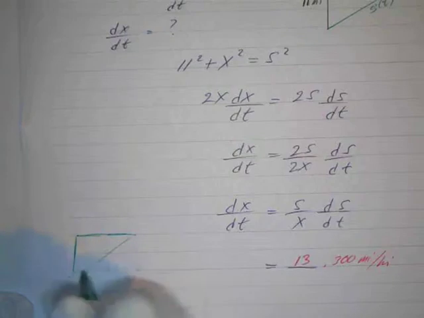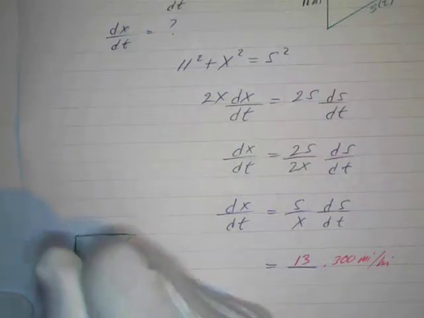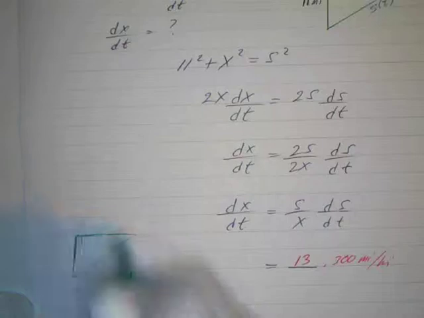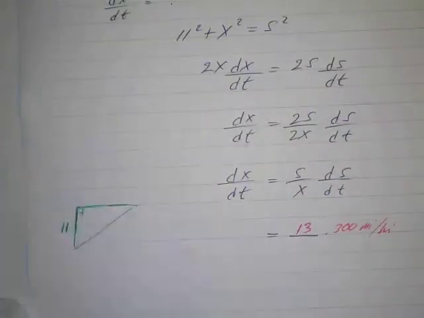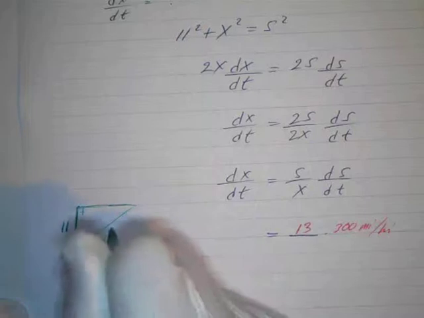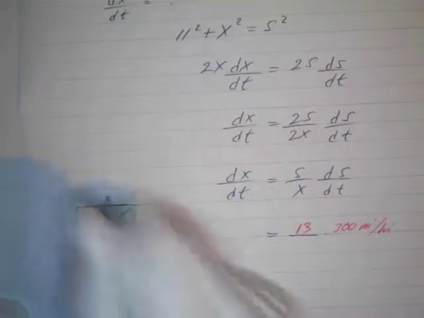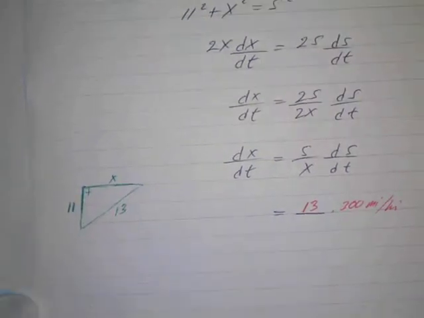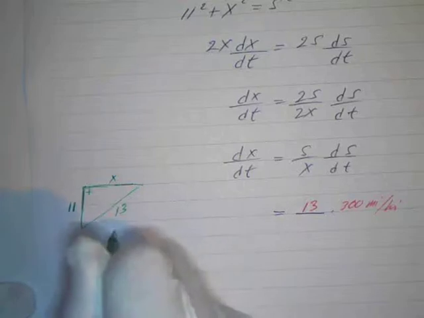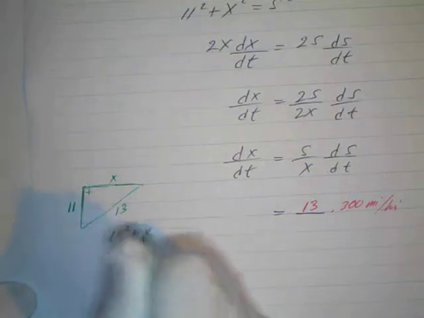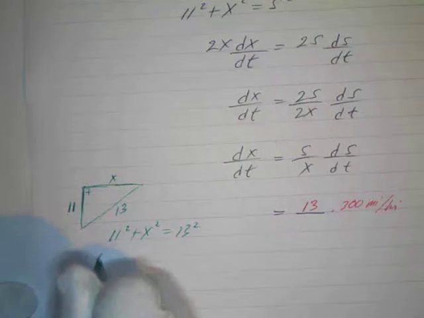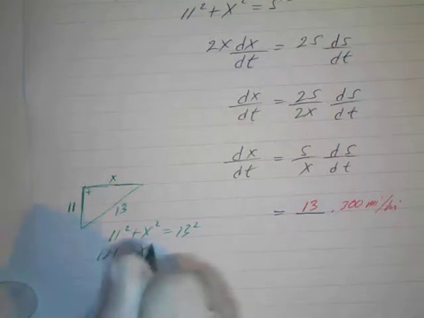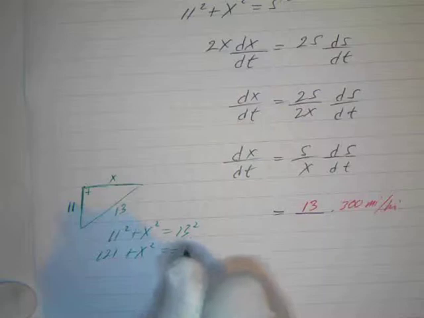And you need to see these sketches in your work. We know that this is always 11, and S is 13 at this moment. So what's x going to be? We use our Pythagorean theorem, and we know that 11 squared plus x squared equals 13 squared. 11 squared is 121 plus x squared equals 13 squared, which is 169.